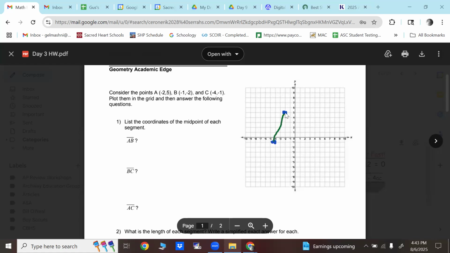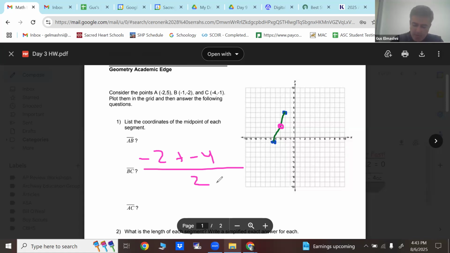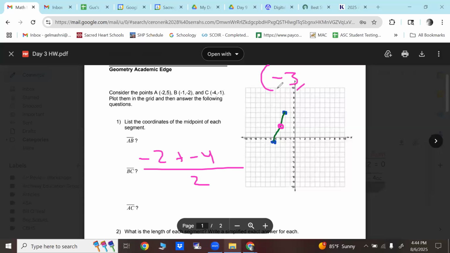The last one, AC. The first one, is it negative 3.5? Not quite. Was I close? Actually, you are close. Sorry, my bad. You're between negative 2 and negative 4. That's improvement. It's just 3, negative 3. I thought about it a little bit too much.